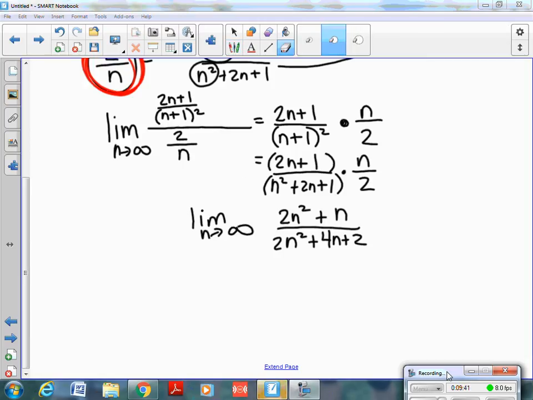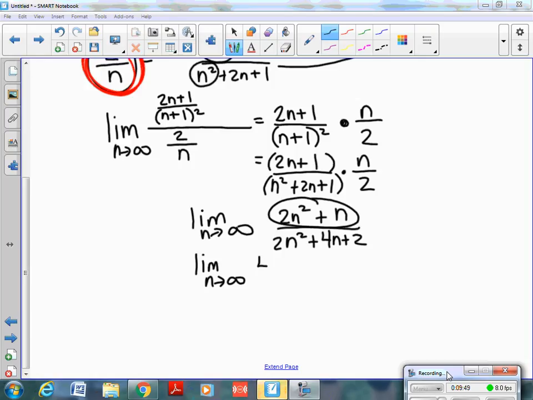Okay, we're going to go back into our limit formula. I'm going to do L'Hopital's rule, and I'm just going to take the derivative of the top, which is 4n plus 1, and the derivative of the bottom, which is 4n plus 4.